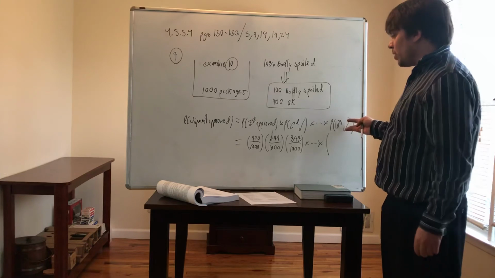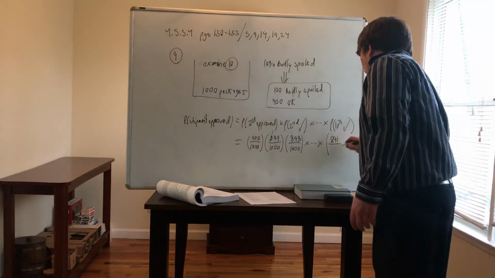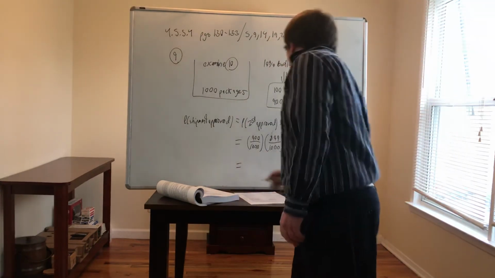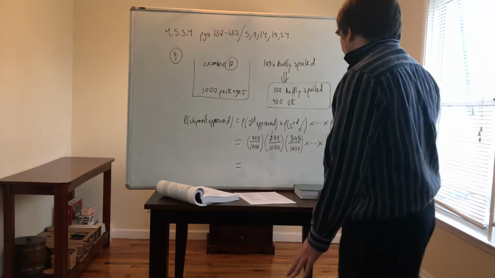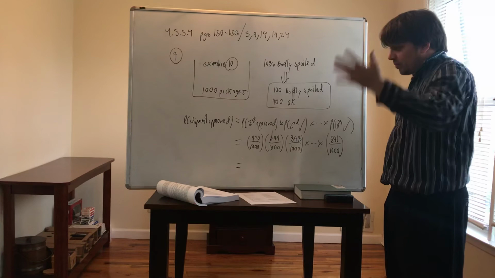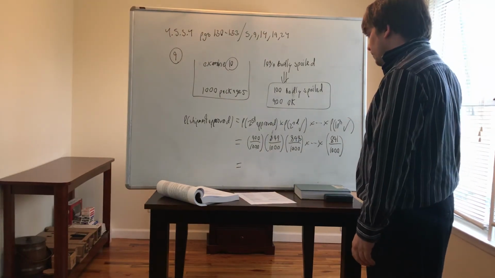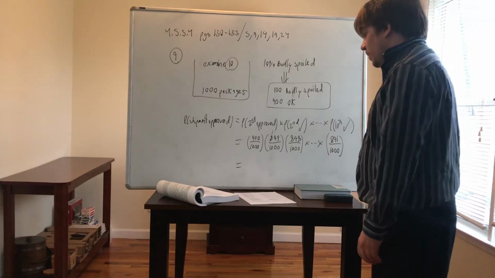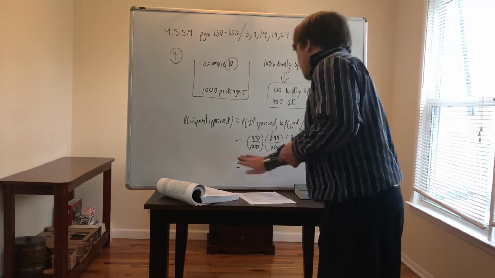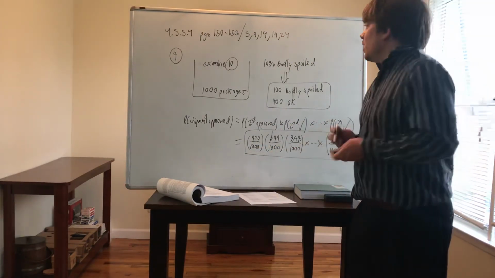When you check the 10th one, there's 9 that were already considered, so it's 891 out of 1,000. You multiply those out, and that's the probability the shipment is approved.